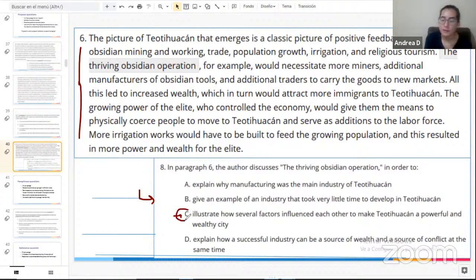To illustrate how several factors influence each other to make Teotihuacan a powerful and wealthy city. Nice. Now, can anyone tell me why?